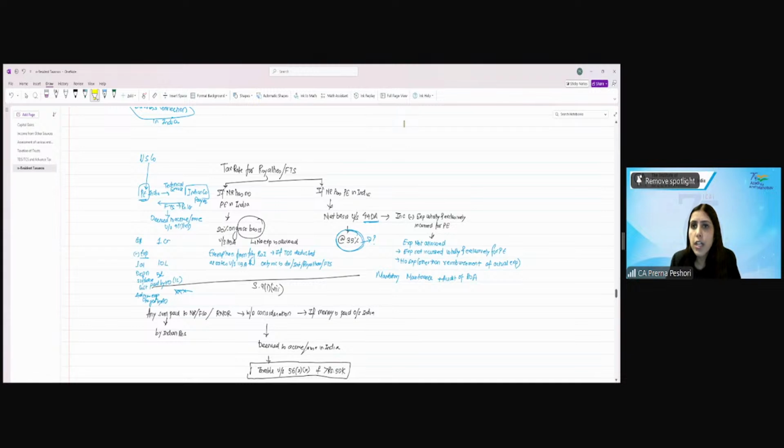What is the meaning of fees for technical service, students?